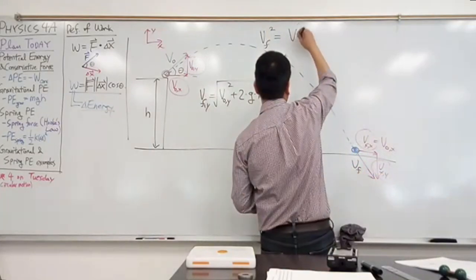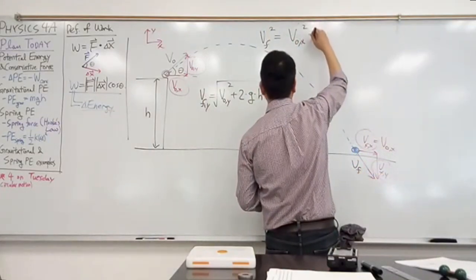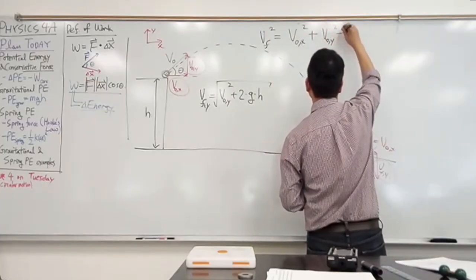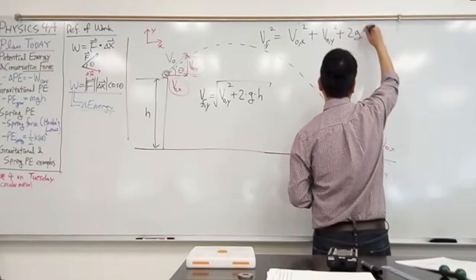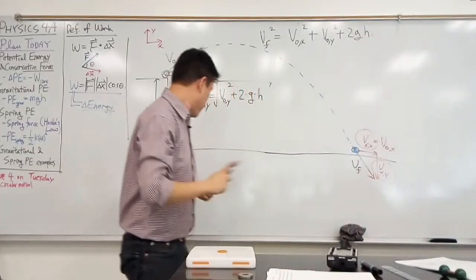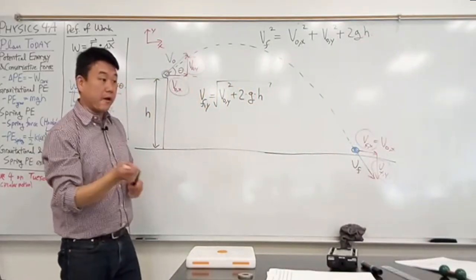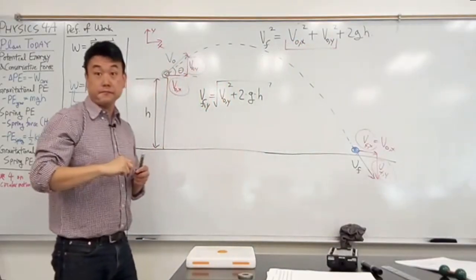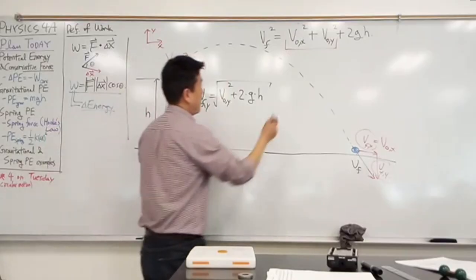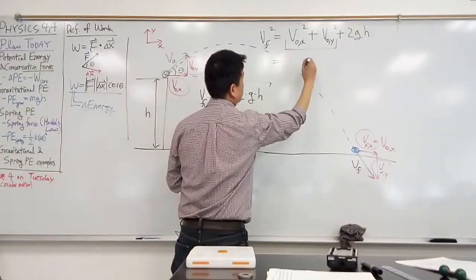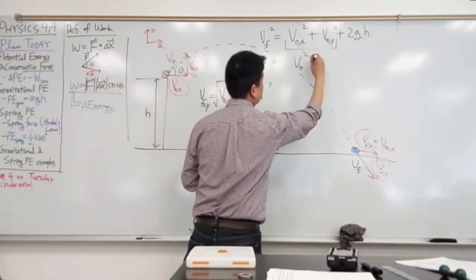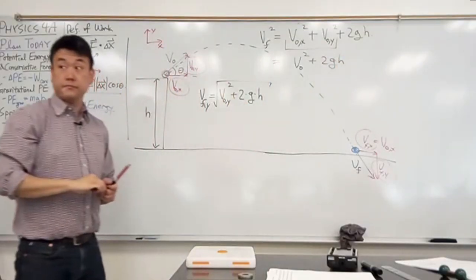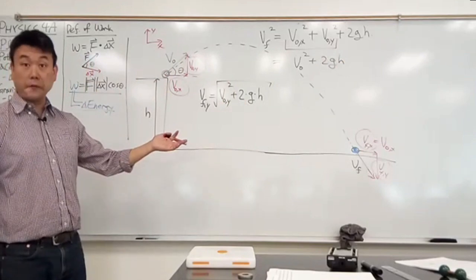So it's going to be v naught x squared plus this thing squared, so v naught y squared plus 2gh. Now, if you recognize this, you can write it down even simpler. You can write it as equal to v initial squared plus 2gh. Right? This is based on kinematics alone.